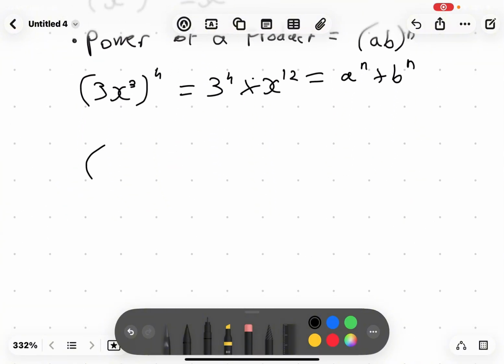Now let's have 4 to the power of 2, and then 6, and all of that to the power of 2.